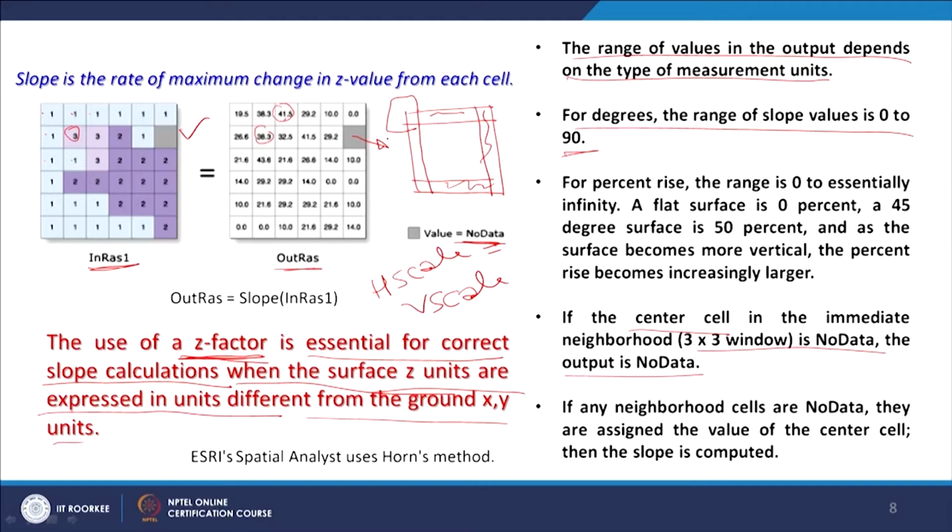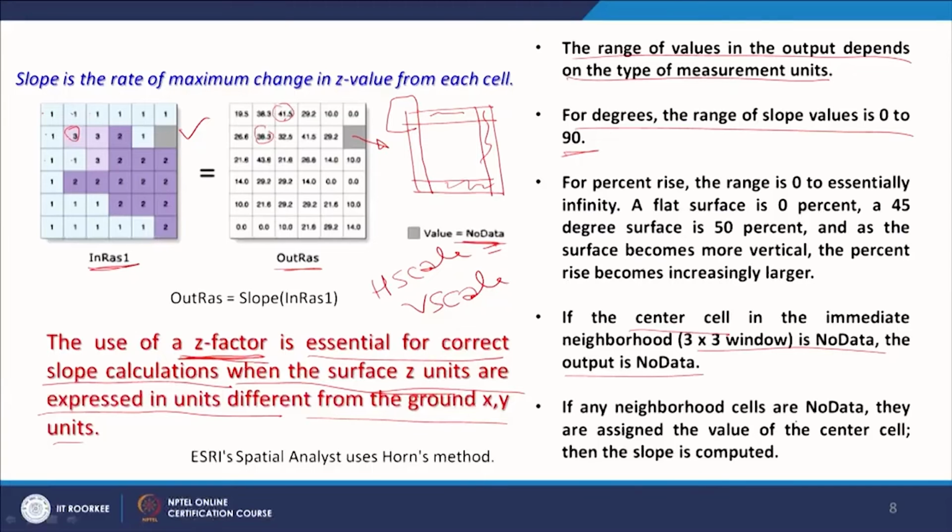Now, there will be a question, why only a 3 by 3 roving moving window? Why not 5 by 5, why not 7 by 7? Yes, it can be done, but it will bring more computation time and may not bring very good results either, because it will smoothen the things which you do not want.